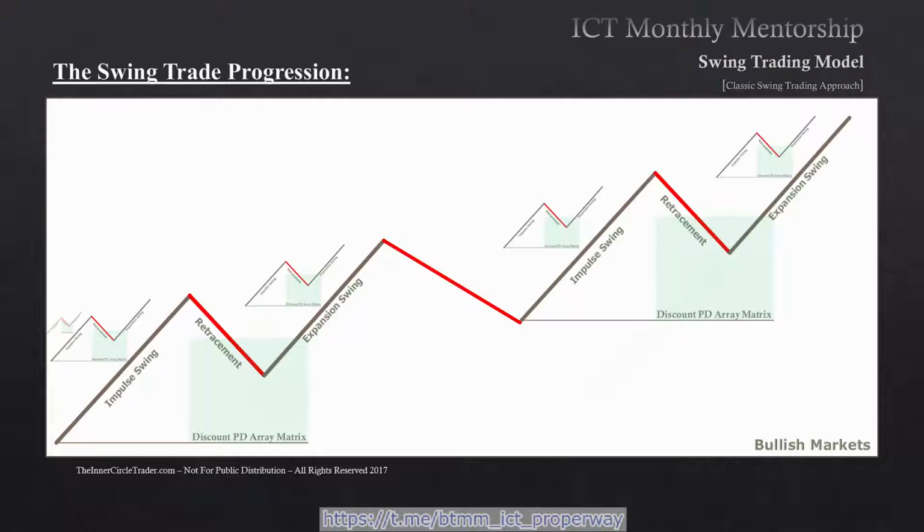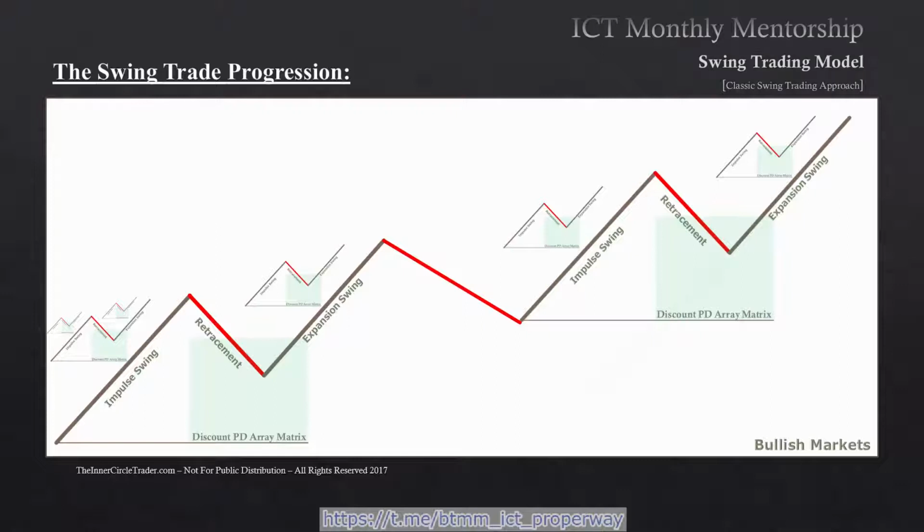The very first impulse swing on the daily would have a smaller impulse swing, retracement, and expansion. And then the daily chart's expansion price swing would have in itself a smaller impulse swing, retracement, and expansion. And that would be seen on the 4-hour chart. So the larger impulse swing, initially on the left-hand side, could represent the weekly chart's impulse swing.